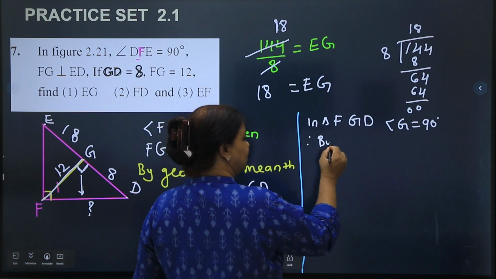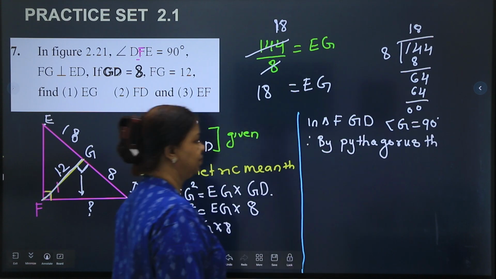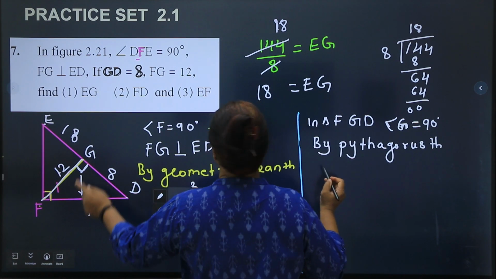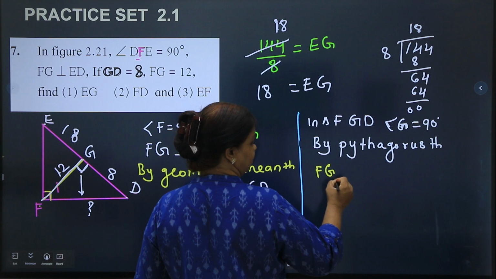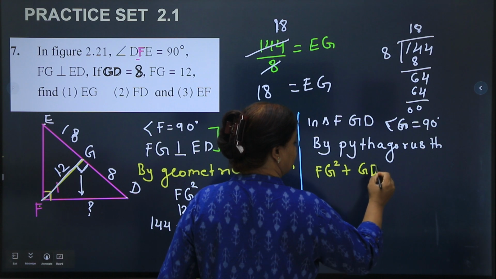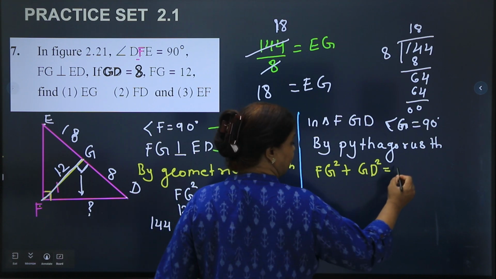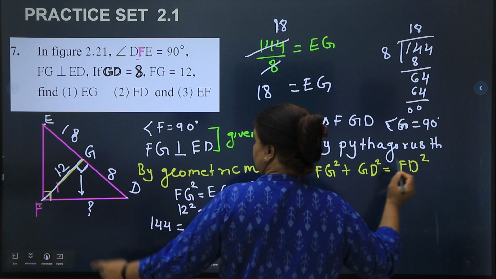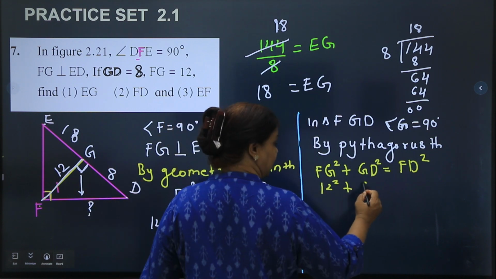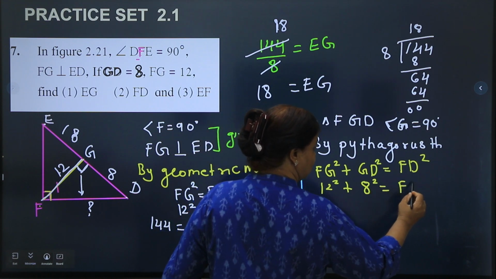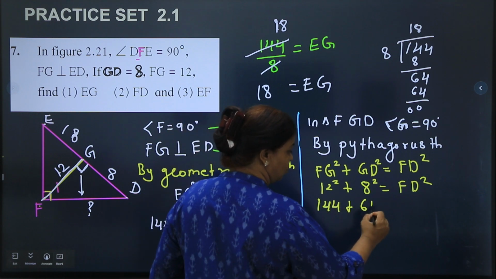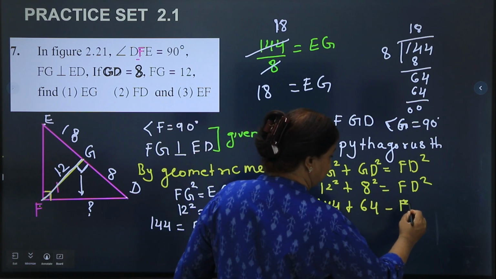Therefore, by Pythagoras theorem, FG square plus GD square is equal to FD square. How much is FG? 12 square plus GD square, 8 square, which is equal to FD square. 12 square is 144 plus 64, which is equal to FD square.